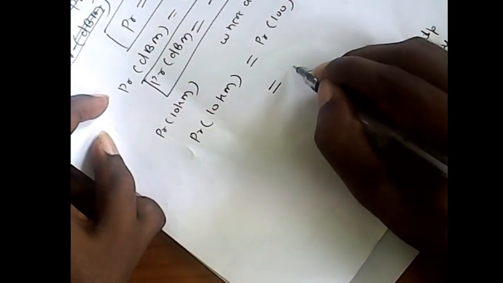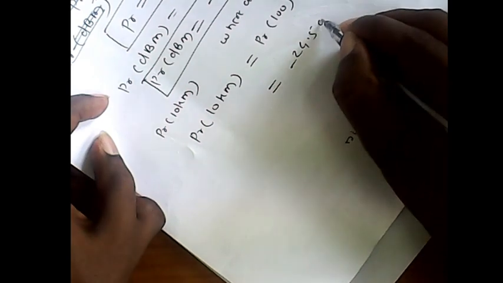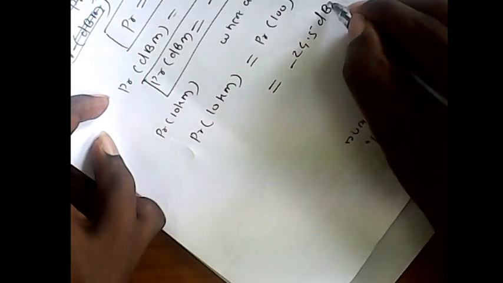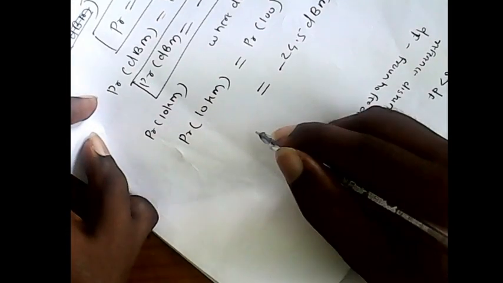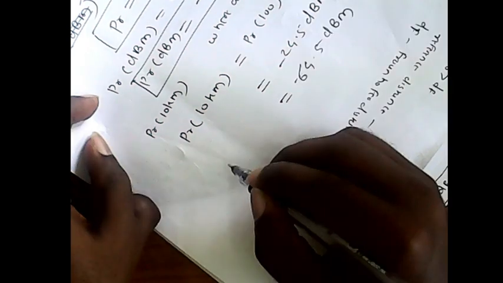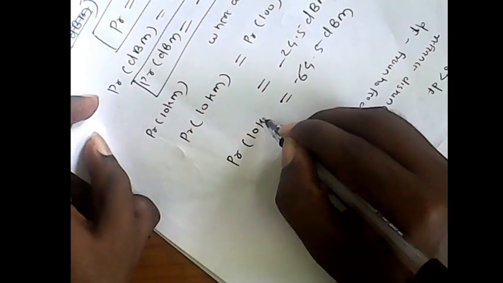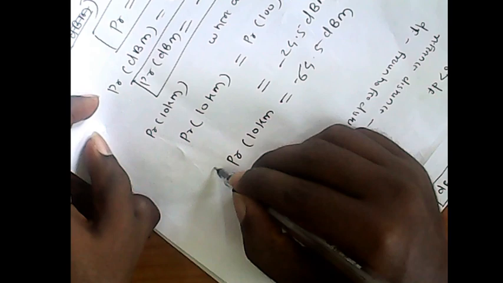So it comes out to minus 24.5 decibel milliwatt minus 40 dB, which is minus 64.5 decibel milliwatt. So this is the answer for the 10 kilometer distance.